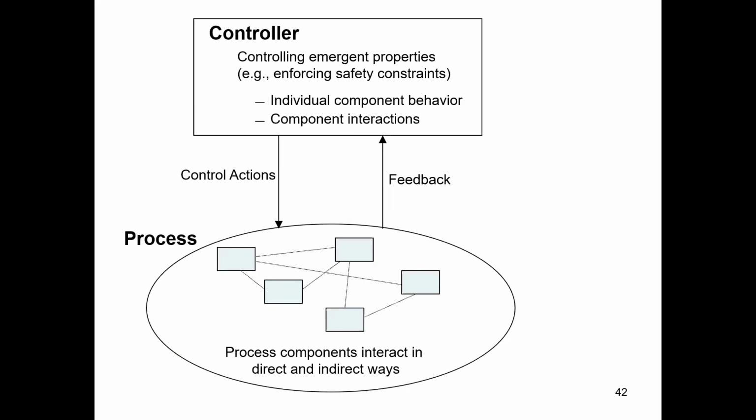So if the problem is in the interactions among the components, then what we can do is control these emergent properties or enforce safety constraints on the behavior of the individual components, but also on the component interactions between things. And if you look here, most of you will recognize a feedback control loop. The controller issues control actions on the system as a whole.